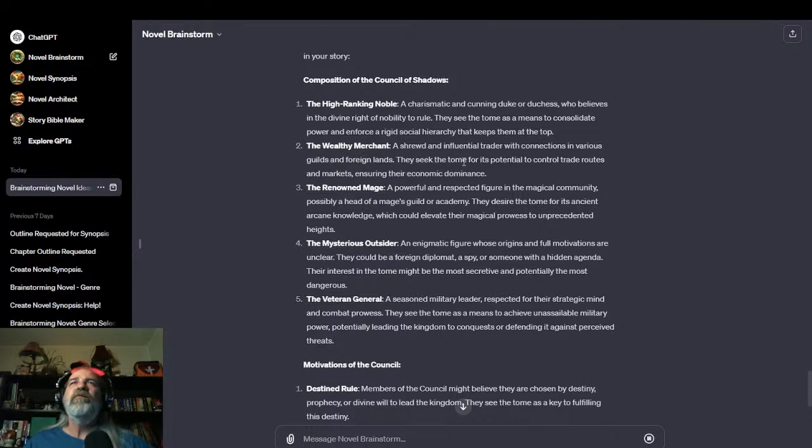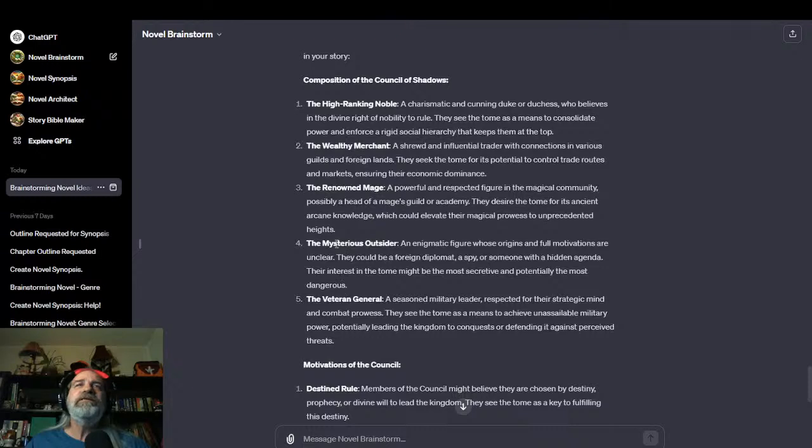They seek the tome for its potential to control trade routes and markets, ensuring their economic dominance. The renowned mage, a powerful and respected figure in the magical community, possibly head of a mage's guild or academy. They desire the tome for its ancient arcane knowledge, which could elevate their magical prowess to unexpected heights.